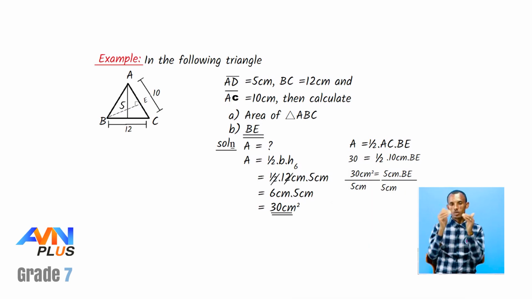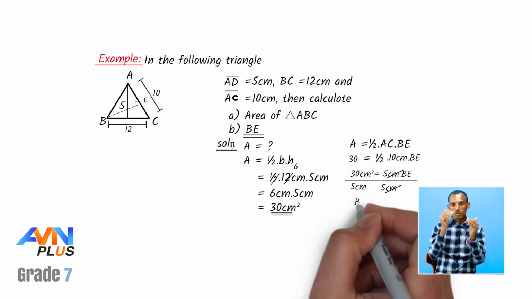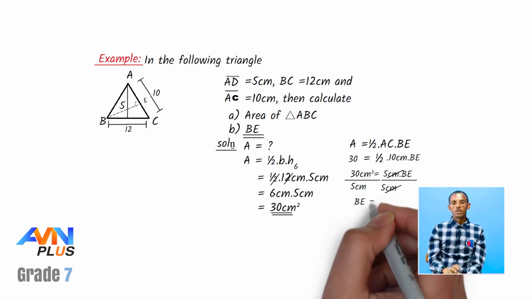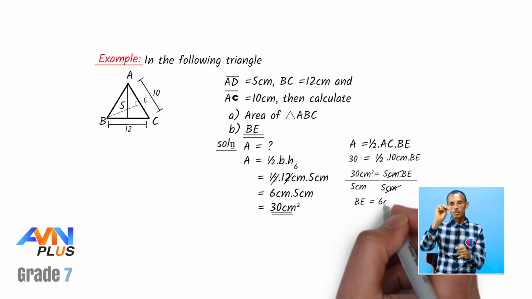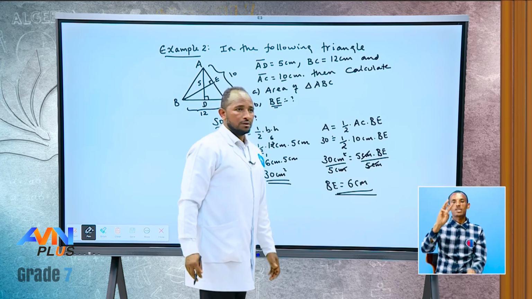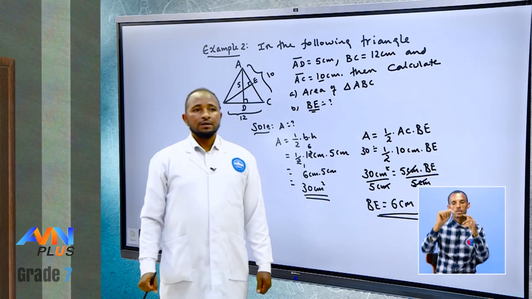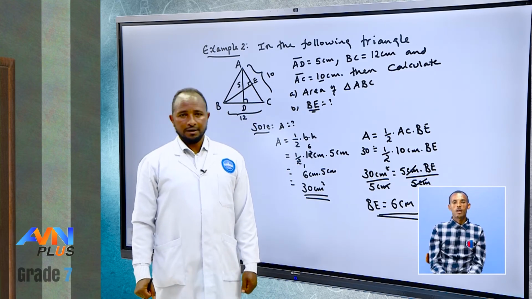BE is equal to 30 divided by 5, which is 6 centimeter square divided by centimeter. 1 centimeter cancels out and BE will be 6 centimeter. That's it. Now we will proceed to the next triangle, the obtuse angled triangle.